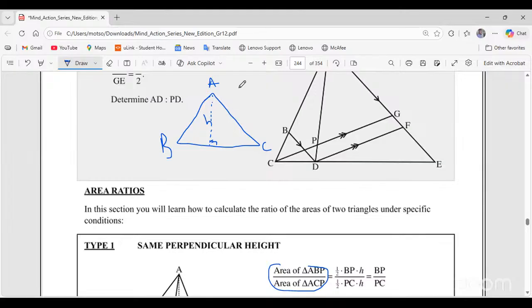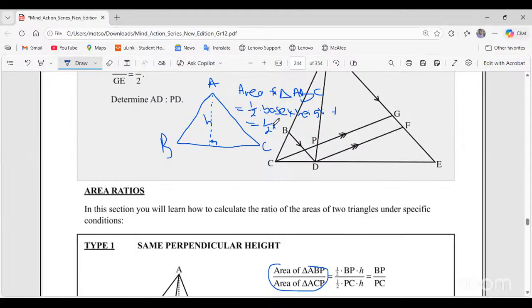So the area of this triangle ABC will be equal to, we know this formula, half times base times height. On this given triangle, I will have half times, what is the base of this triangle?